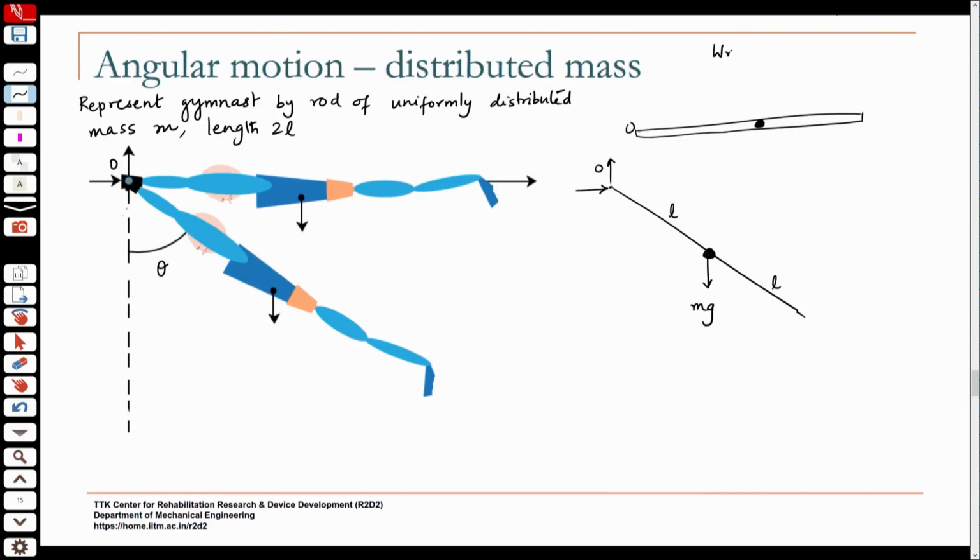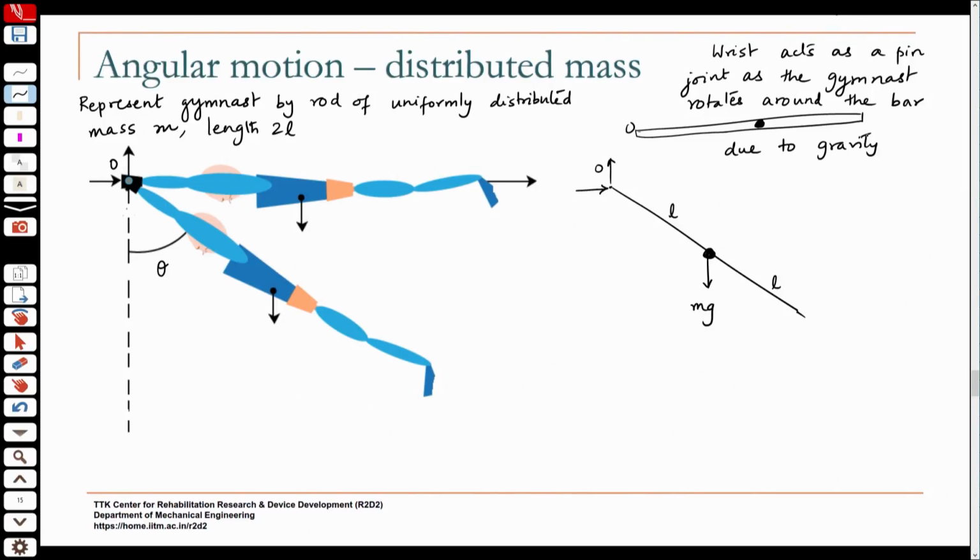So, the wrist acts as a pin joint about which the gymnast rotates. And let us say the gymnast is let go from a horizontal position.